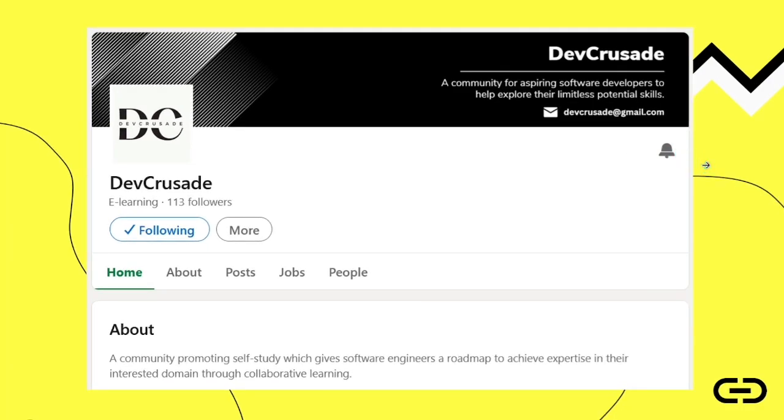A short thing I would like to tell about DevCrusade is that it's a community which promotes self-study and gives software developers a roadmap to achieve expertise in their interested domain through collaborative learning. Previously we started with a batch, a program which is MERN stack in under 8 months.